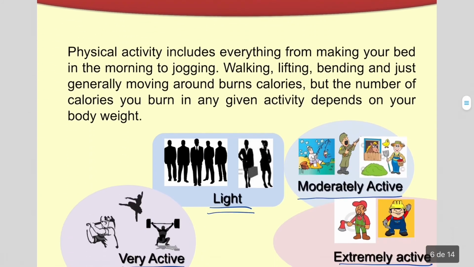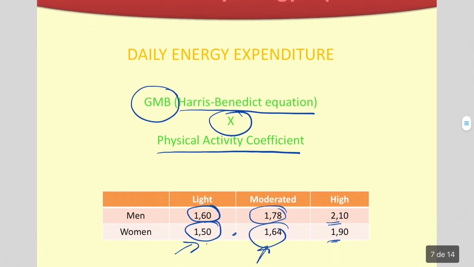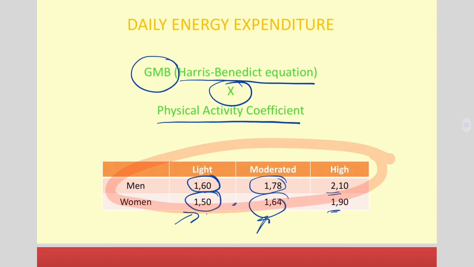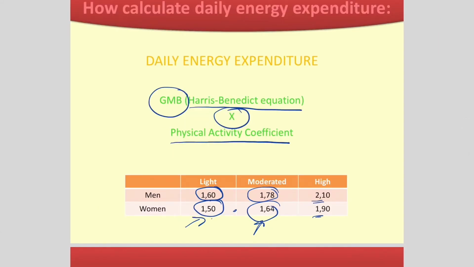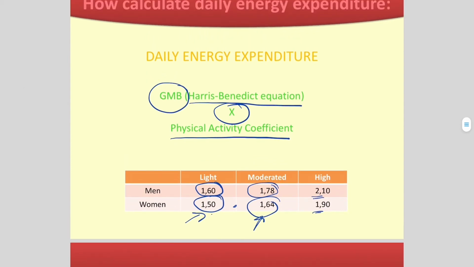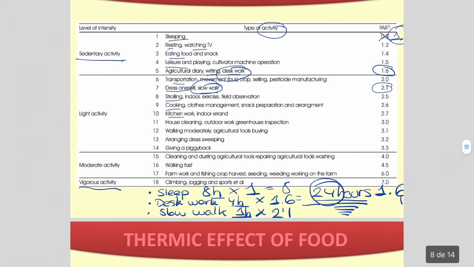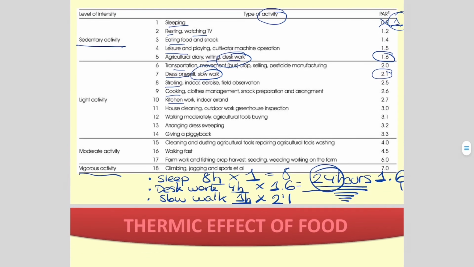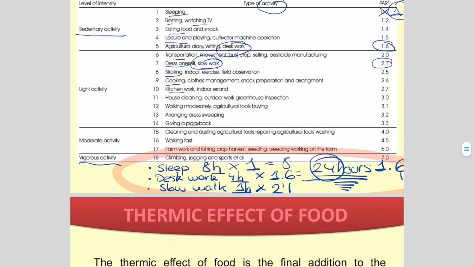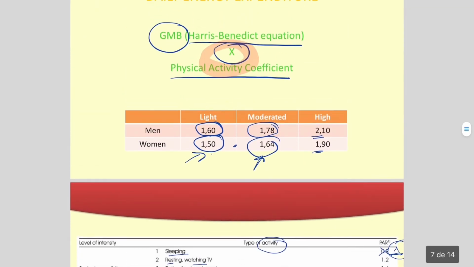The second will be the physical activity, and to calculate it we use either these values, which are an estimation, and we multiply them per Harris-Benedict equation, or we calculate all the activities we do in a day, to obtain a similar value as before.